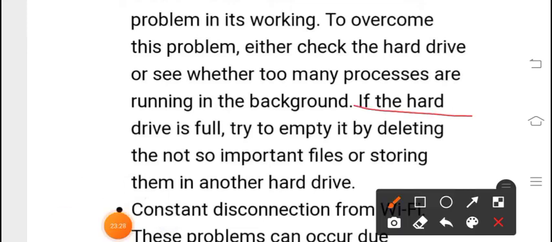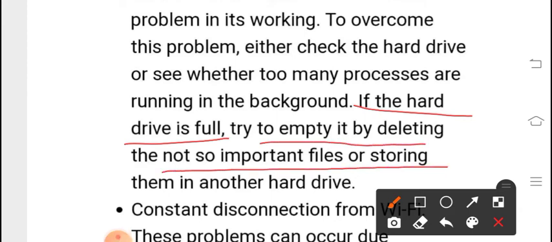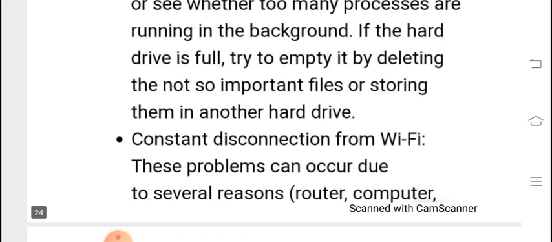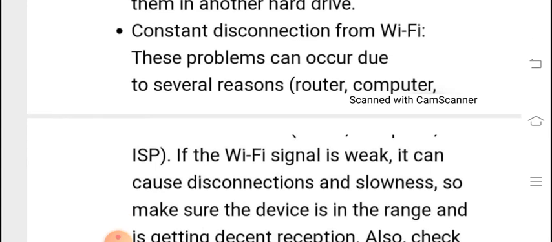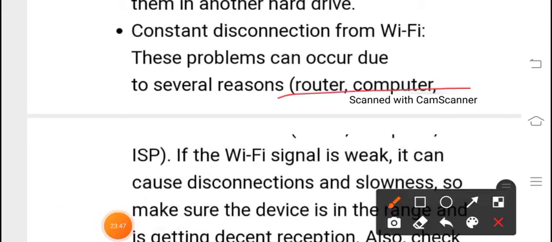If the hard drive is full, try to empty it by deleting the not so important files or storing them into another drive, like C drive, D drive. Constant disconnection from Wi-Fi. These problems can occur due to several reasons like router, computer, ISP.